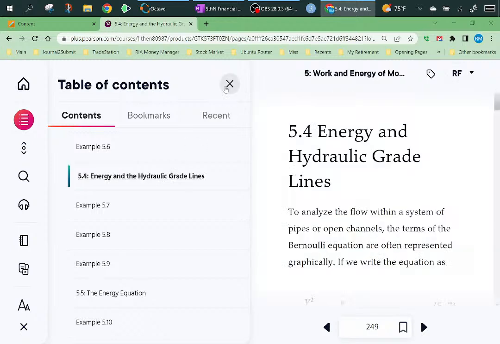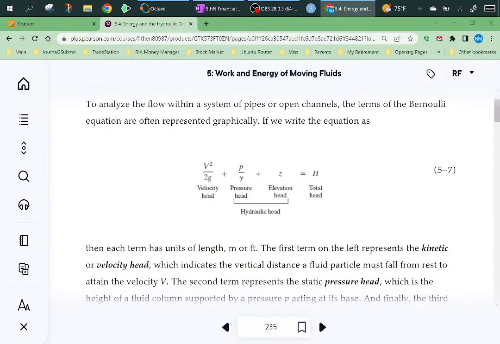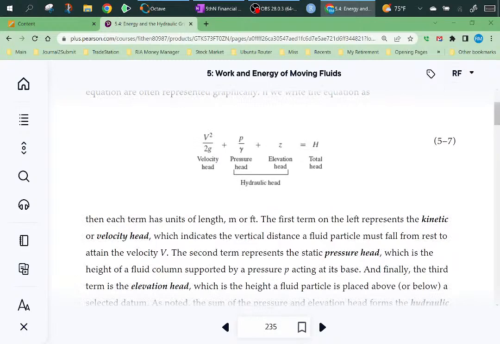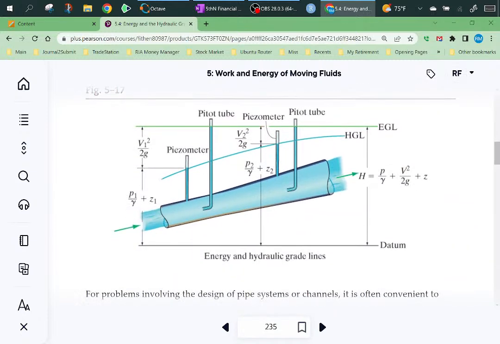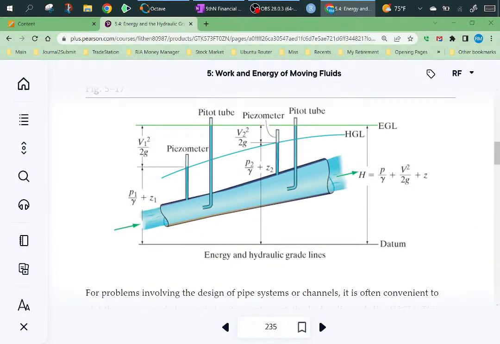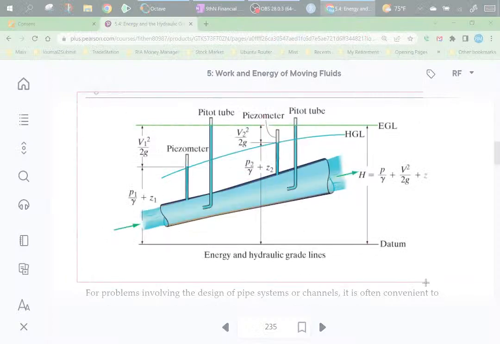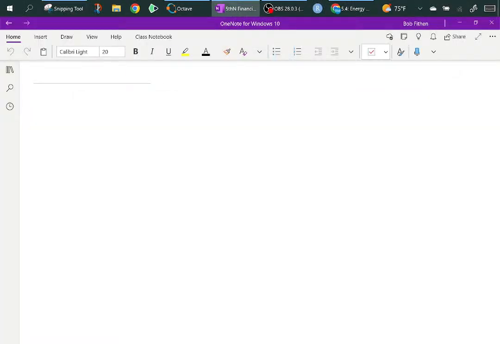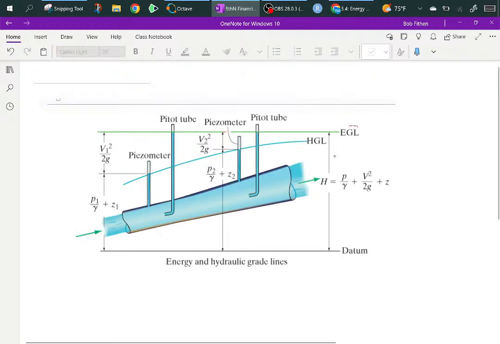Okay. Energy and hydraulic grade lines are kind of like the concept that civils love so much. Let me see if I can find, usually there's a picture. There you go. So visually, you see the energy line, which is basically all the terms.